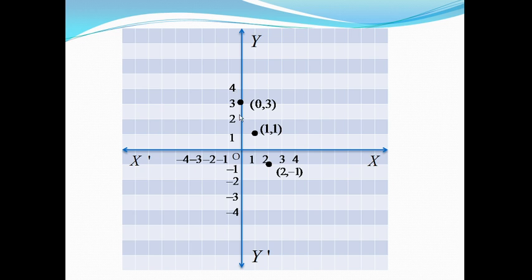Whether it is 0 or something else, you have to write your x coordinate in the first place. Okay, now we are going to draw the line joining these 3 points. So this is the line. See, you can see it is a straight line. So this is also known as the geometric representation of a linear equation in two variables. The equation we write in standard form, ax plus by plus c is equal to 0, is the algebraic form, and this is the geometric form.